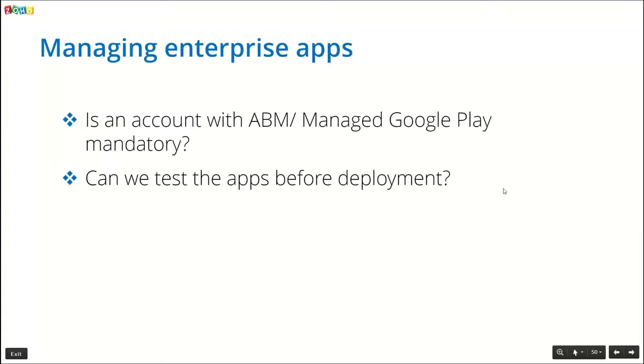So now that we have seen the management of store applications, we'll move on to the management of enterprise applications. For the management of in-house or enterprise applications, we always have these two questions. That is, whether we should have an account with ABM or managed Google Play for enterprise applications, and do we have the option to test it before deploying it to the production environment?